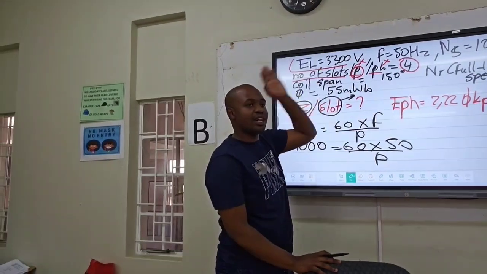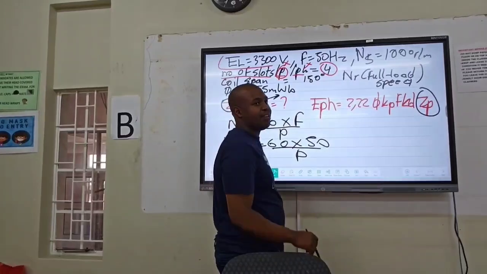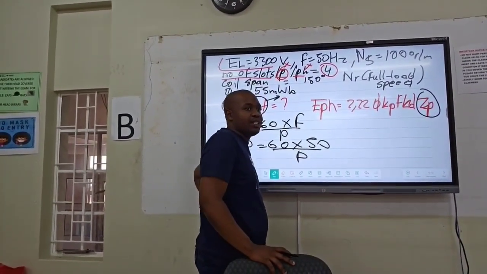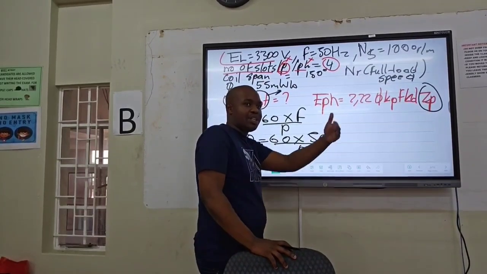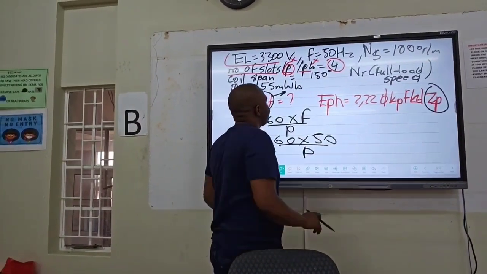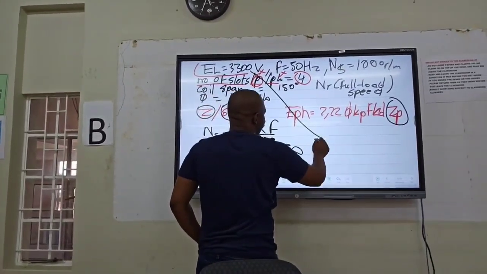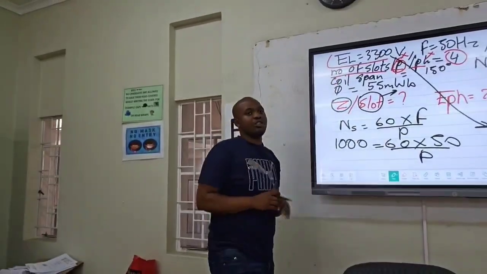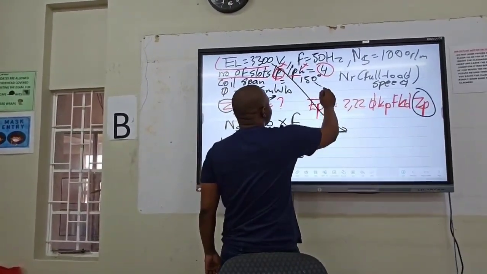Once we find the conductors per phase, I would multiply that value by 3 in order to get the total conductors. But first I must convert the open circuit voltage into the phase voltage.